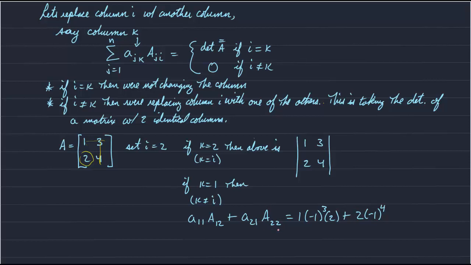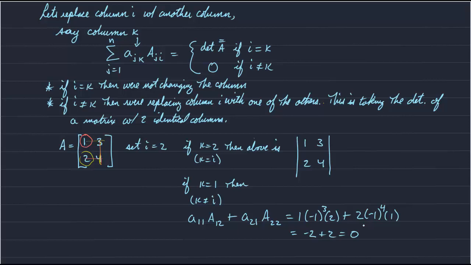We remove row 2, column 2, and the determinant of the remaining submatrix, which is just a 1 by 1, is 1. And so the answer is minus 2 plus 2 is equal to 0.